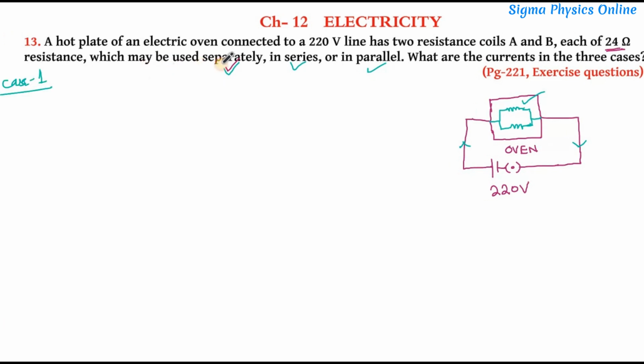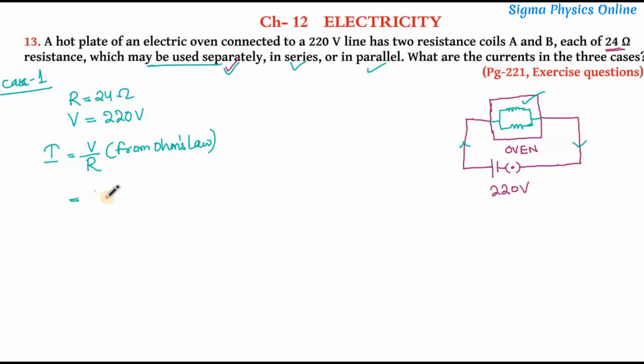In case number 1, we will use the coil separately. So the resistance of the coil is 24 ohm, it's given. The potential difference given here is 220 volt. So let's find out the current that will flow if only one of them is connected in the oven. So I is equal to V by R from Ohm's law.